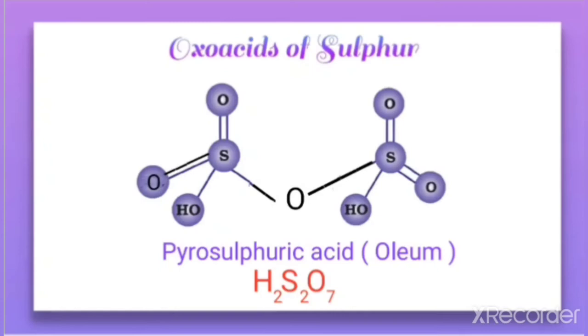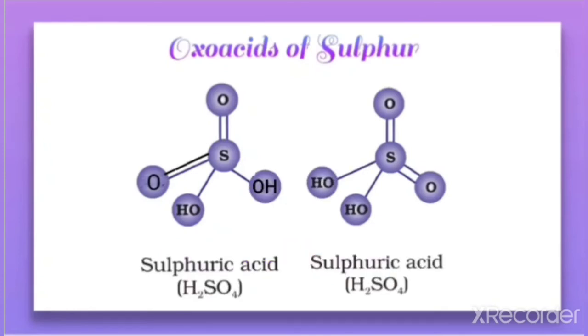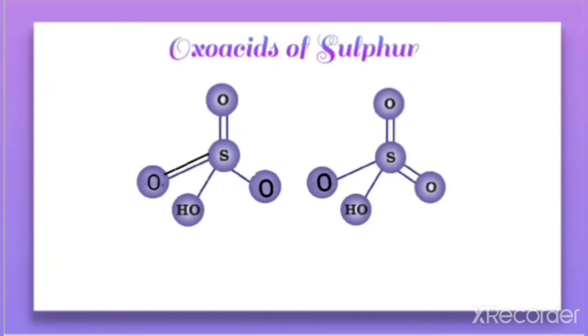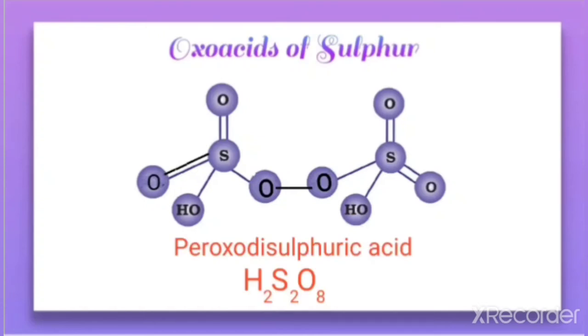Now let us make the structure of peroxodisulfuric acid in the same manner. Again we make two sulfuric acids in this manner, with the two OH closer here. Remove the H from each like this. Now OO is there in the center, and keep one bond between them. This is called a peroxo linkage. So this is the structure of peroxodisulfuric acid.